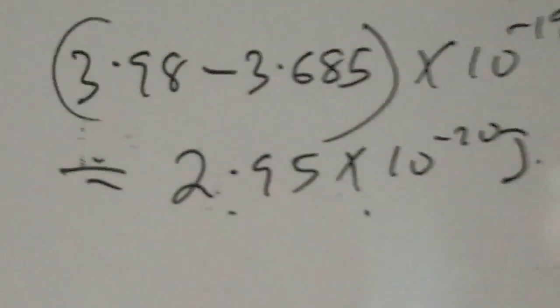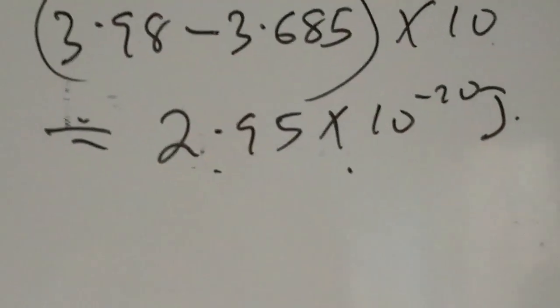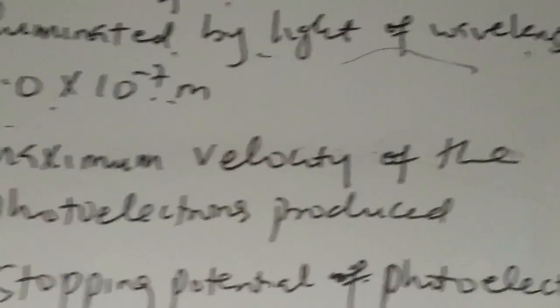So having done that, we go to question number 3, that says we should find the maximum velocity of the photoelectrons.